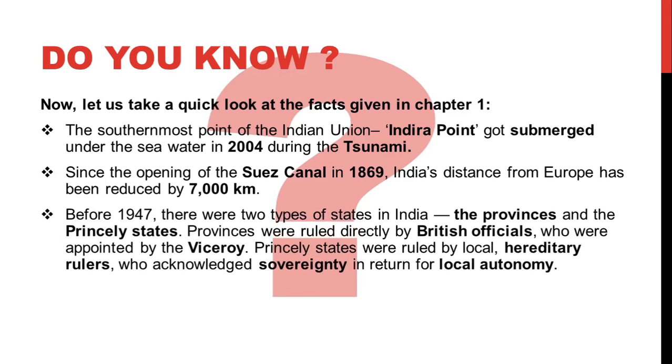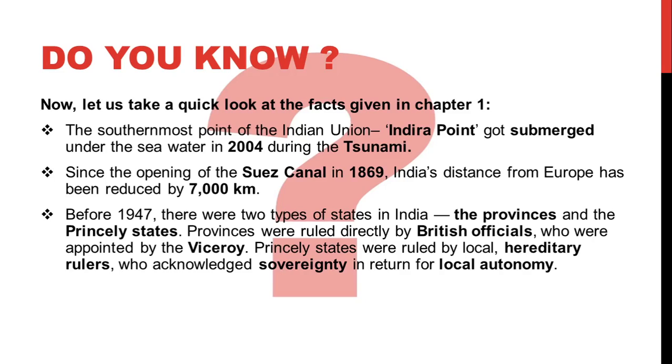Before 1947, there were two types of states in India, the provinces and the princely states. Provinces were ruled directly by British officials who were appointed by the viceroy.